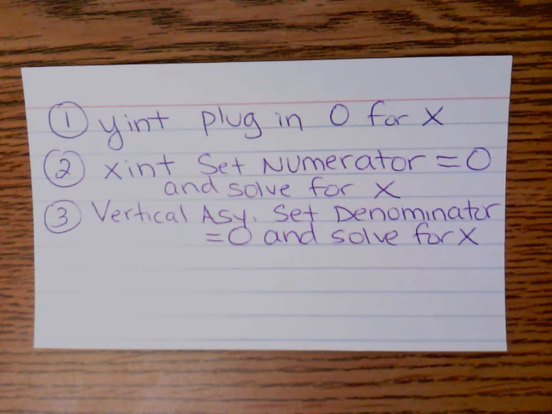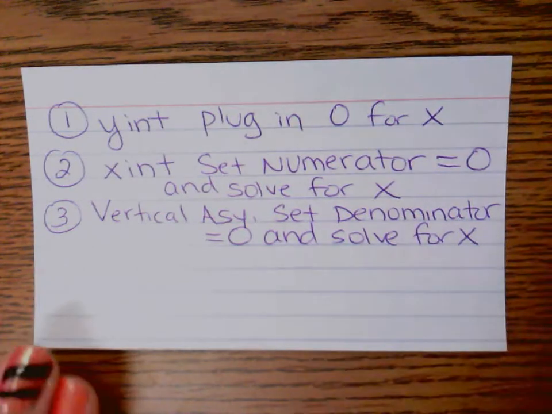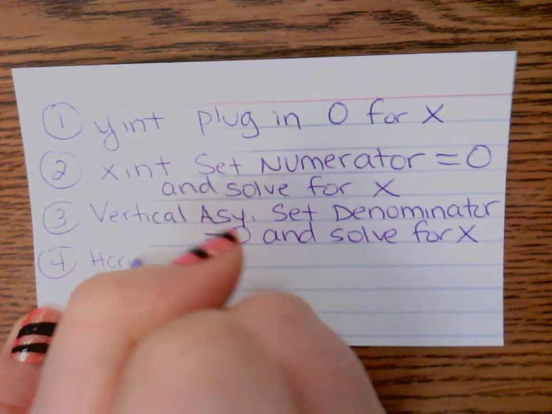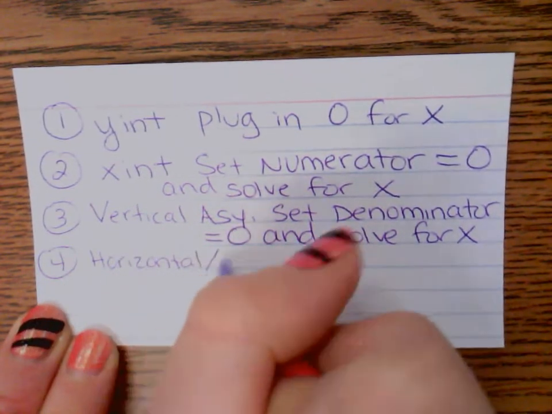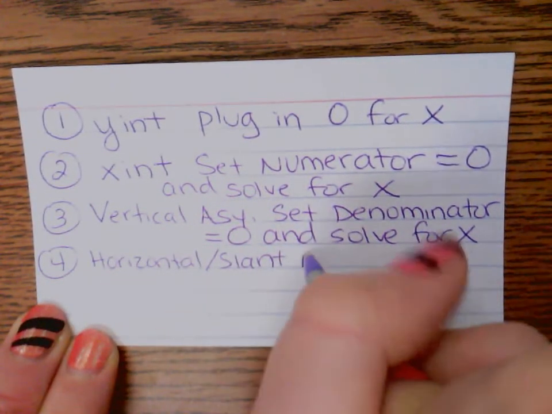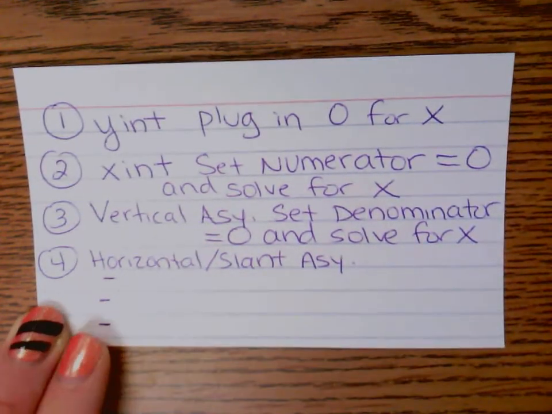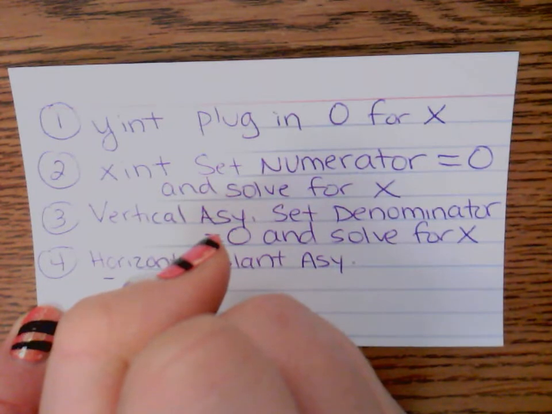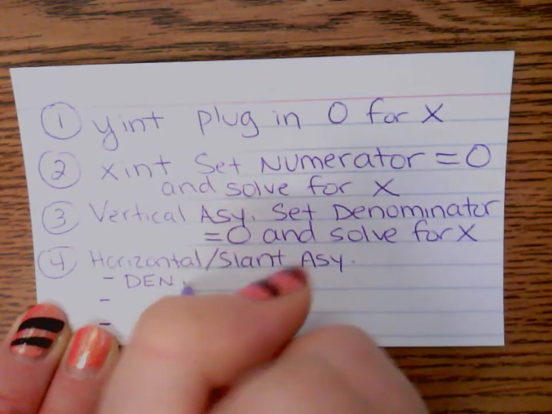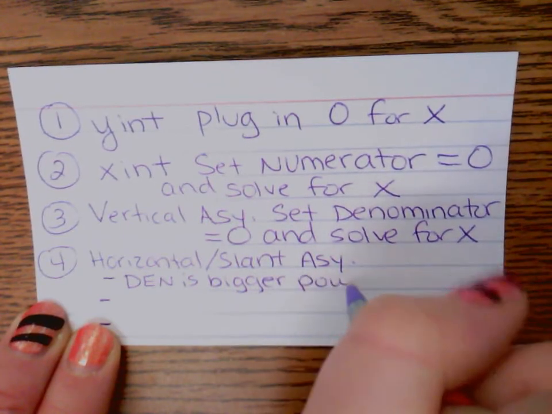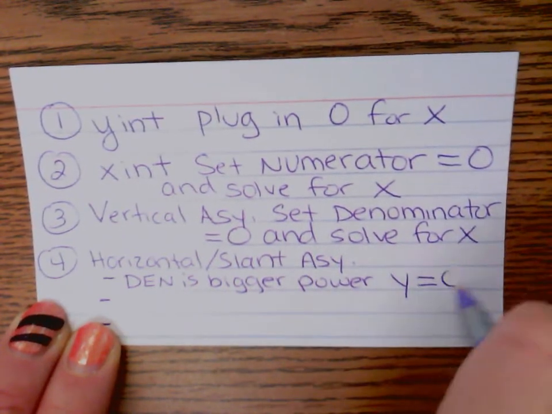And then it's our 3-part rule. So I don't know if you'll have all the space you need on the front or not. I wrote kind of big, but step 4 is your horizontal or slant asymptote. So it's the 3-part rule. If the denominator is a bigger power, it's y equals 0 every time.